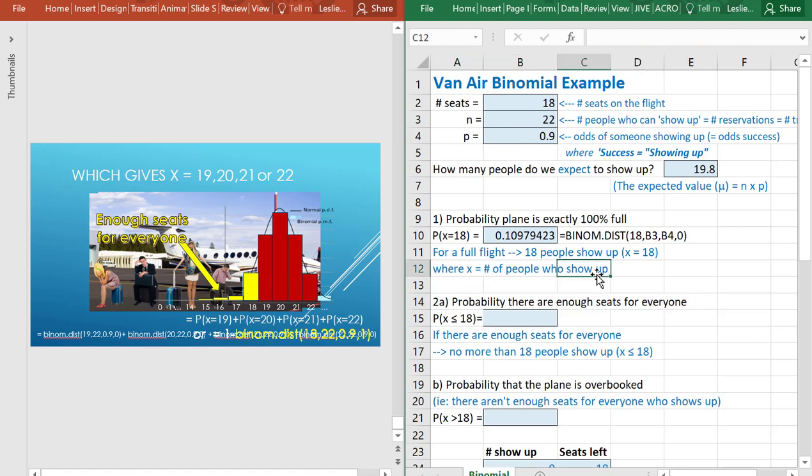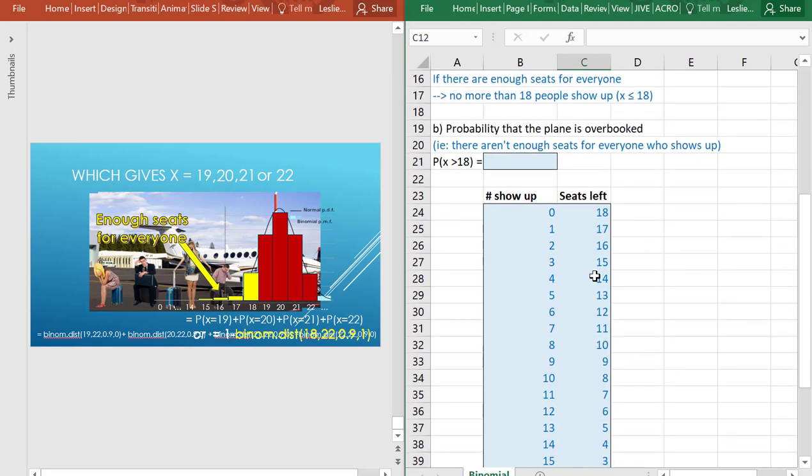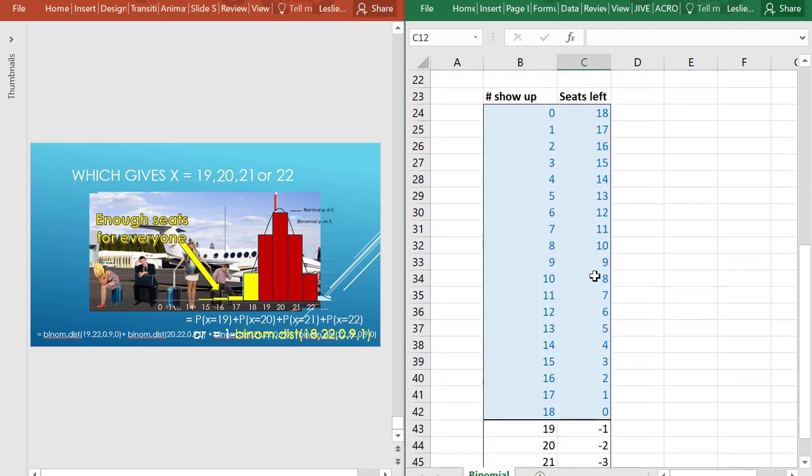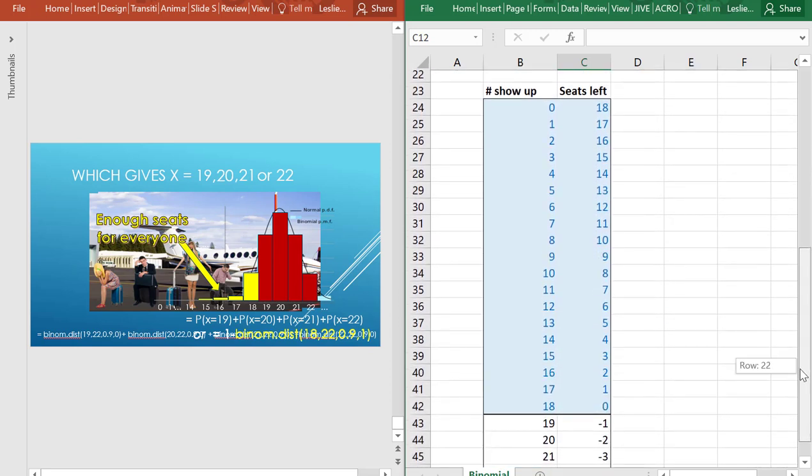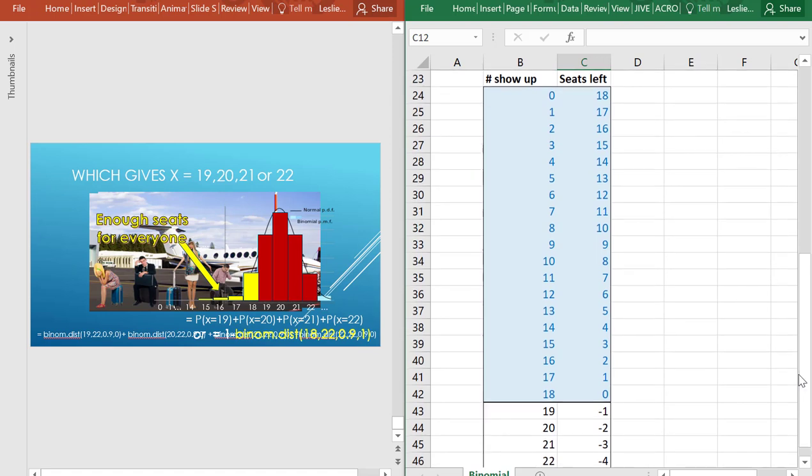If you'd like to, you can look at this in Excel too by doing a little chart here. I like to do these charts for the overbooking examples. So if I'm looking at having enough seats, I do a little table here with the number of people who show up versus the number of seats left. So if nobody shows up, there's 18 seats left. If all 18 people show up, then there's no seats left. They're all full.